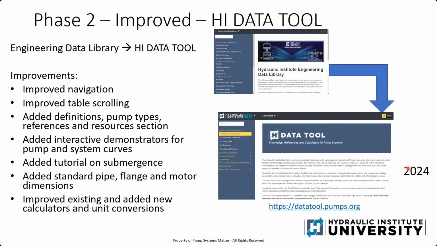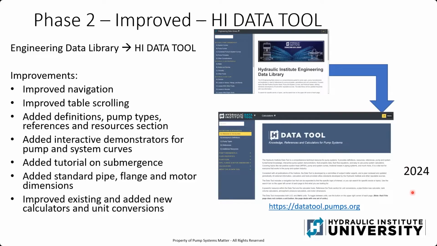But then, the way we continually improve and develop content is through committees, and we're always reviewing and trying to meet the market needs. So we launched here in 2024 the updated version of the site.